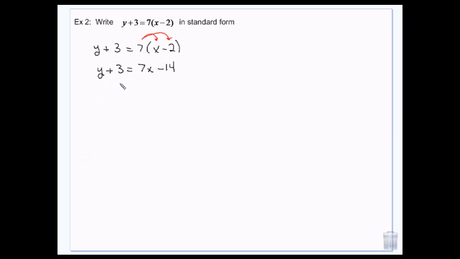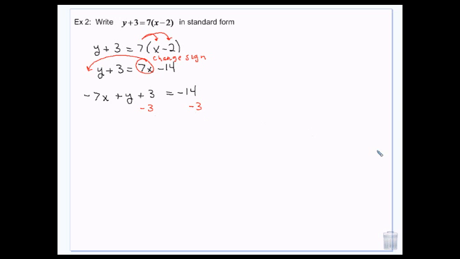Okay, so I've got y plus 3 is equal to 7x minus 14. I'm going to pick up this 7x, and I'm going to move it in front of the y. When I do that, I have to change the sign. So I have negative 7x plus y plus 3 equals negative 14.